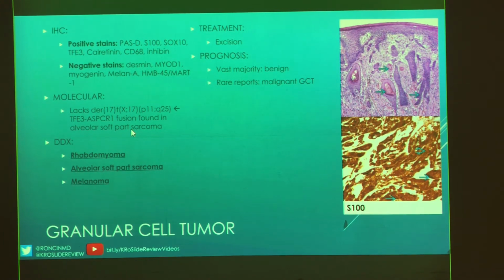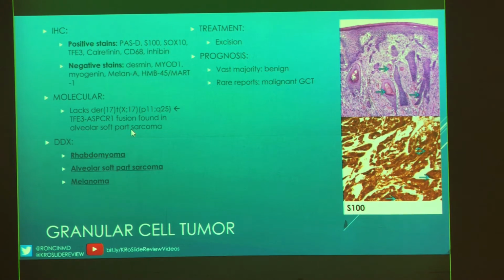For your molecular, the molecular association, which is the TFE3-ASPSCR1 fusion that you see in alveolar soft part sarcoma, will not be present in this lesion. And that's something that's important to note, because it does tend to look like alveolar soft part sarcoma, and it does have TFE3 positivity. So that's something that can help you there.